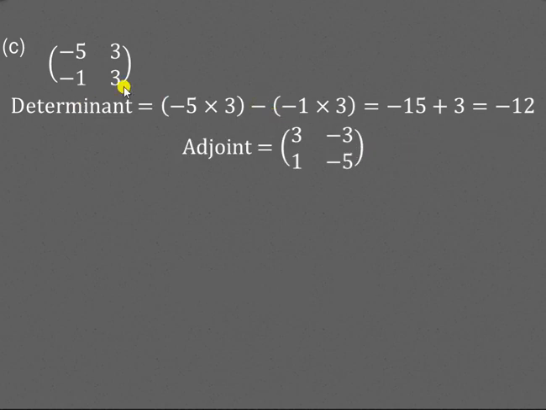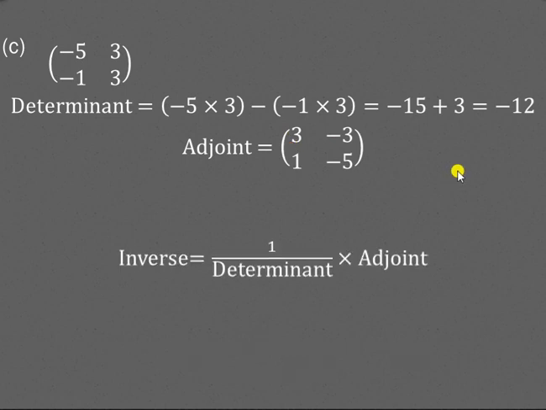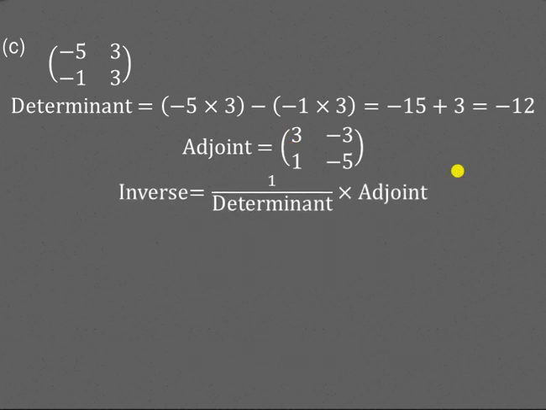Adjoint: exchange the positions of the elements in the major diagonal and just change the signs of the elements in the minor diagonal. That is basically what I have done. Then finally, substitute in the formula of inverse, which is given by 1 out of determinant times the adjoint.